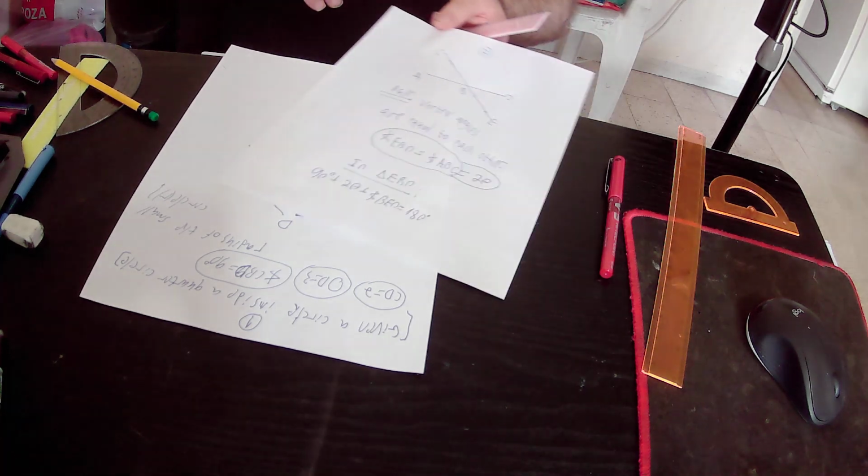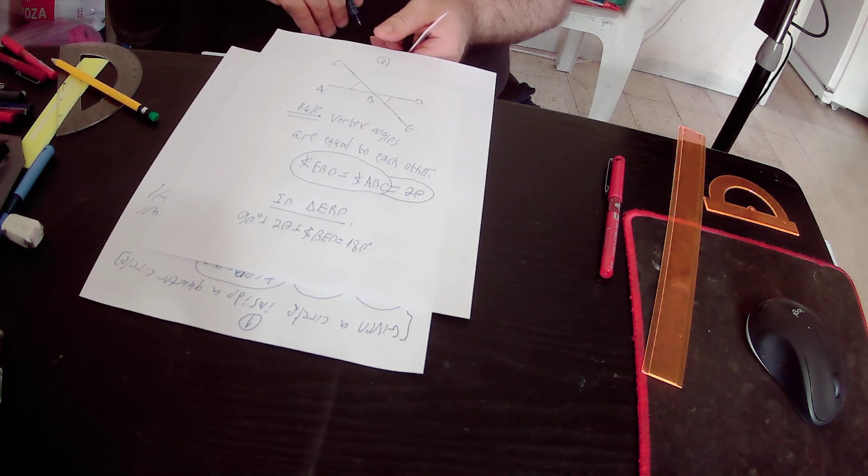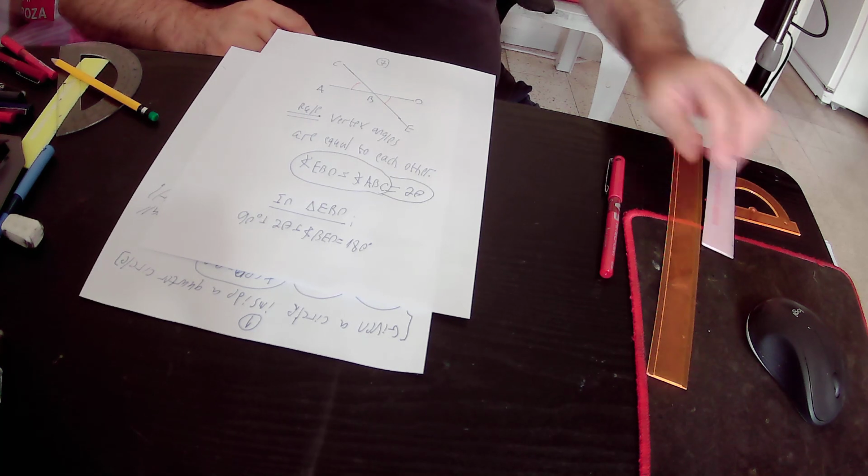Again, the sum of the angles in triangle EBO equals 180 degrees.